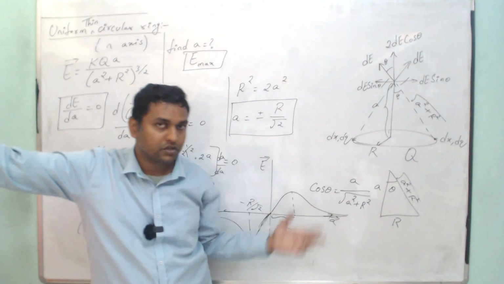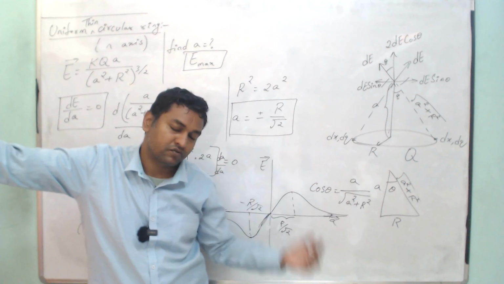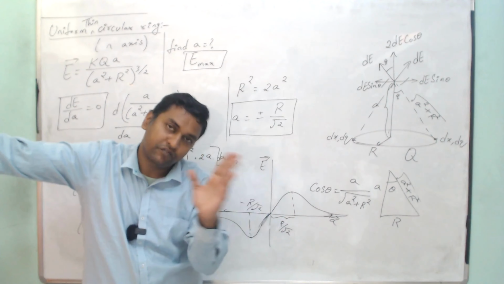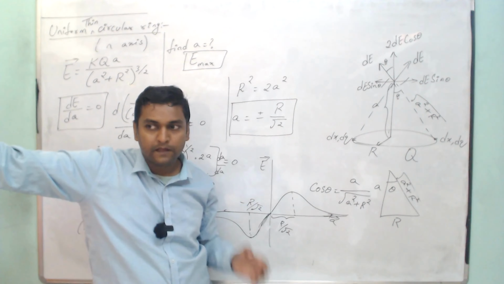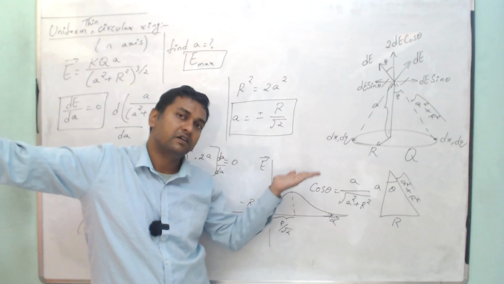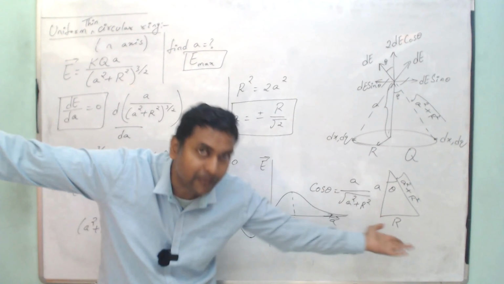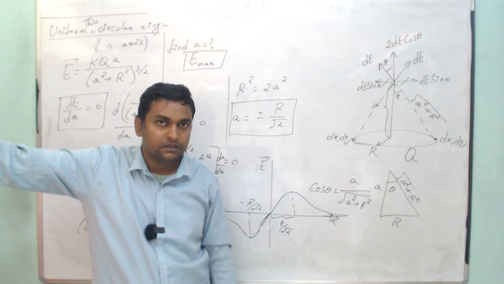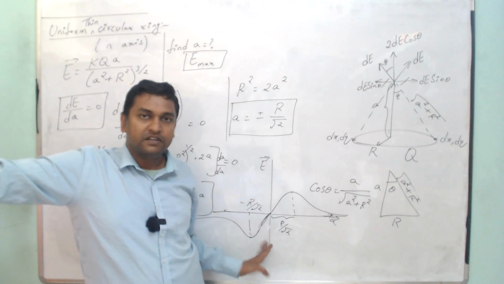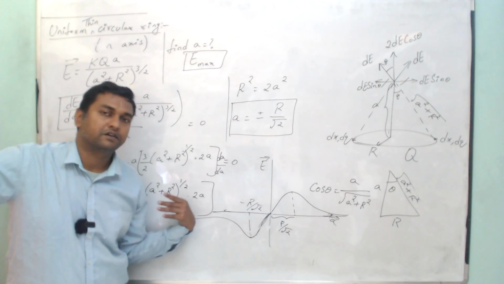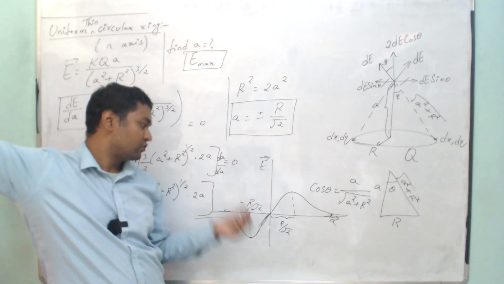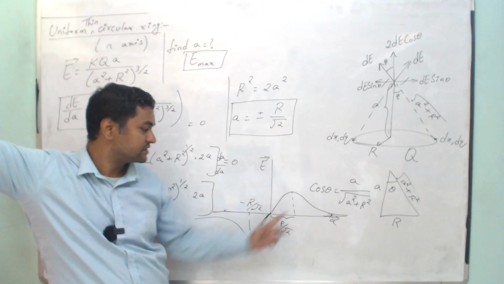So from 0 to 0: 0, 1, 2, 3, 4, 5, 4, 3, 2, 1, 0. That's how I'll go. I'll reach one point where I'll have to stop and come back. And because electric field is a vector, here also I'll go to one point, stop and come back.